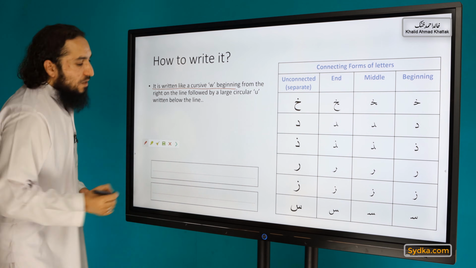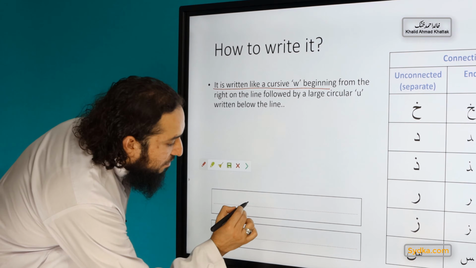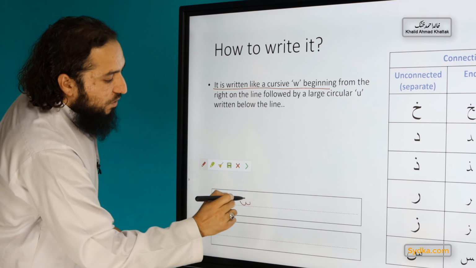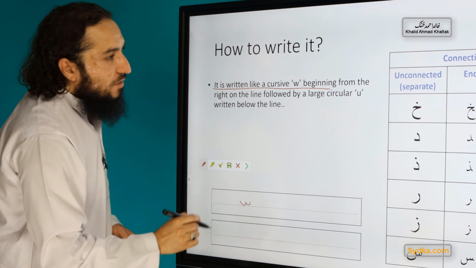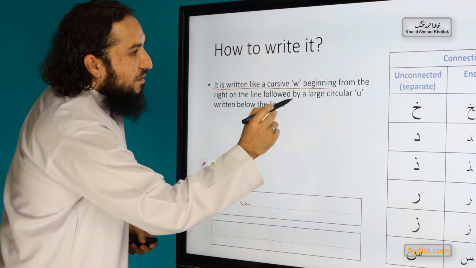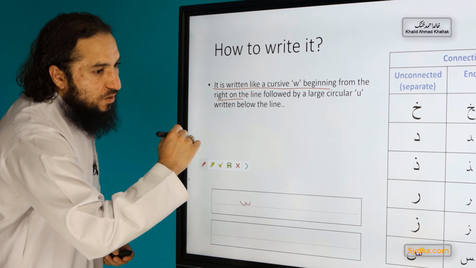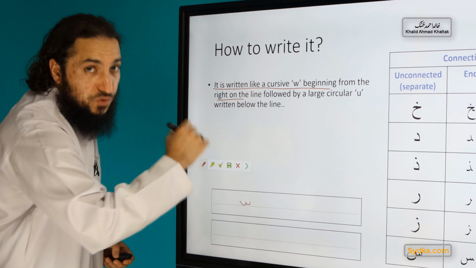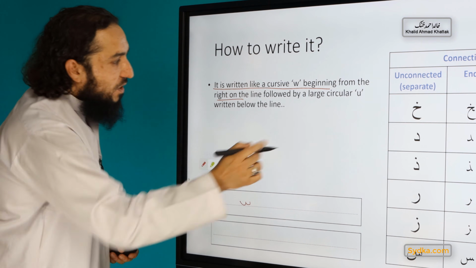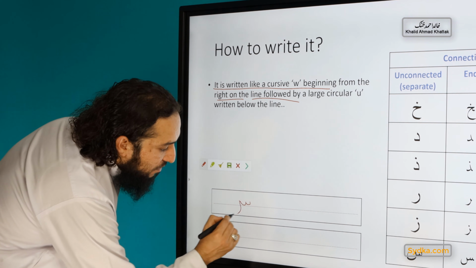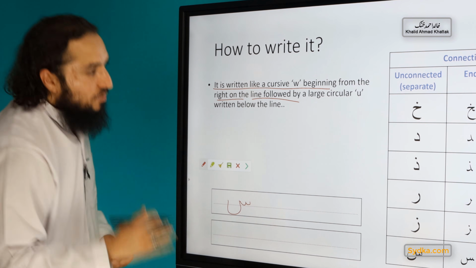Beginning from the top, we have to be above the line, and we have to start from the right. While writing W in English we start from the left, but with Arabic we have to start from the right, followed by a large U cycle, below the line.